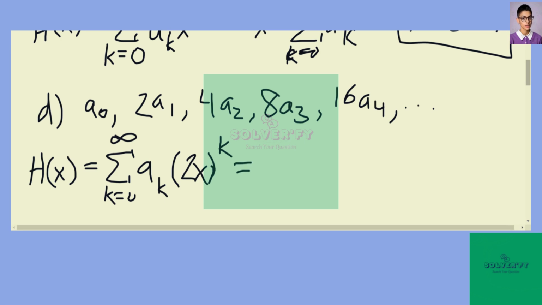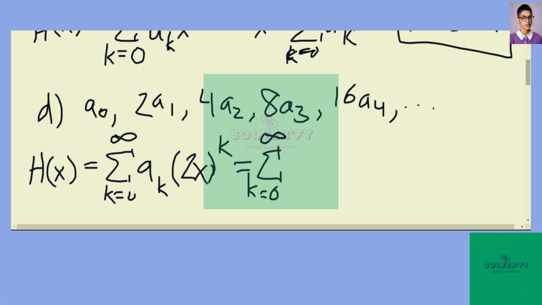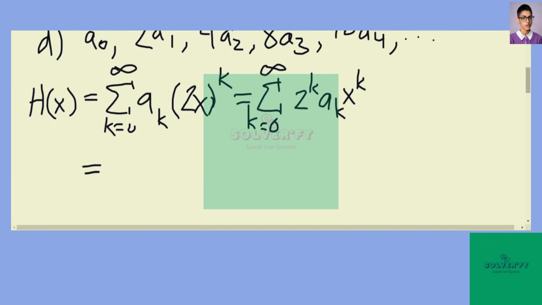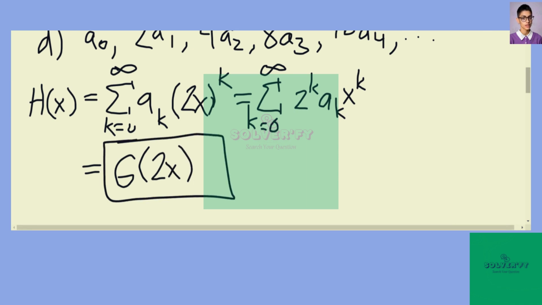This is equal to the sum from k equals 0 to infinity of 2 to the k, a_k, x to the k. Maybe that's what I should have written. So we notice from this equality that this is the same as g of 2x.